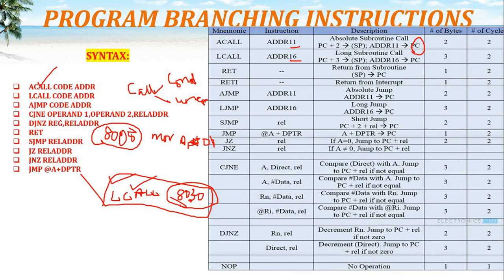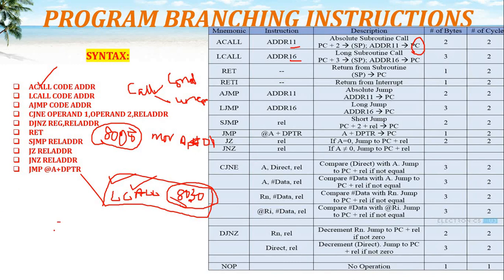Next, CJNE compares values. If I'm comparing two data, and the comparison is not equal, then I can go to the destination address I have given. These come along with an address.